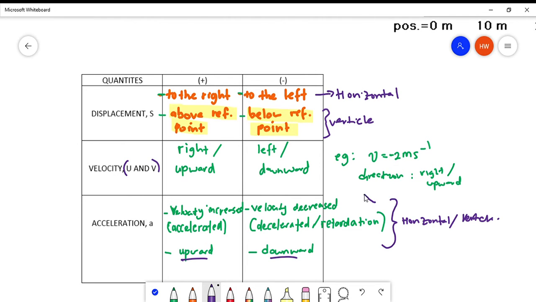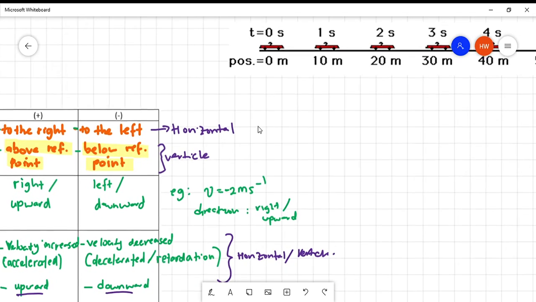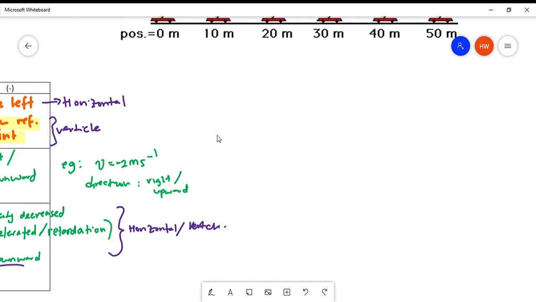Okay, now I want to just recap on what is acceleration. How do you understand acceleration in a simple way? So kita boleh tengok kat sini contoh saya bagi.